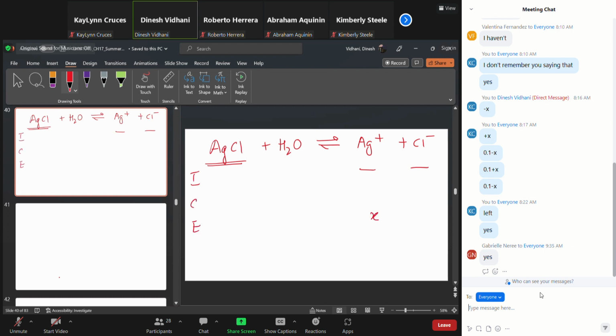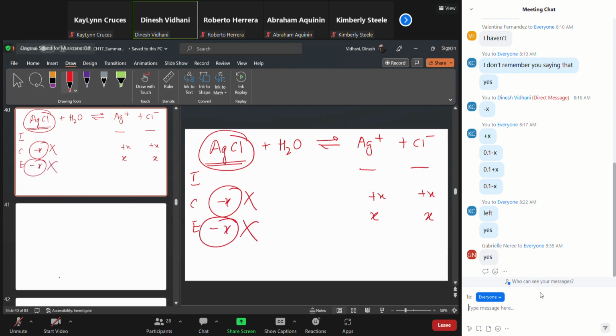At equilibrium, suppose I have X, this one is also X, the change is plus X. Can I write negative X over here? Answer is no, because AgCl is not in the solution. There is no such thing as negative X over here because that's not part of the equilibrium.